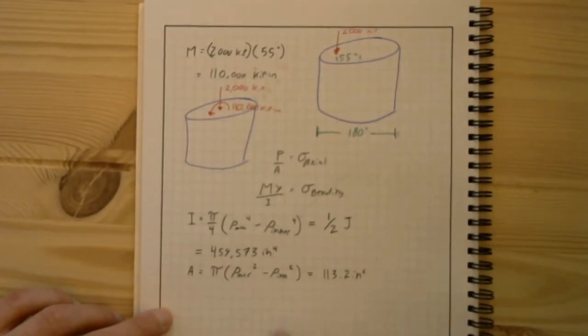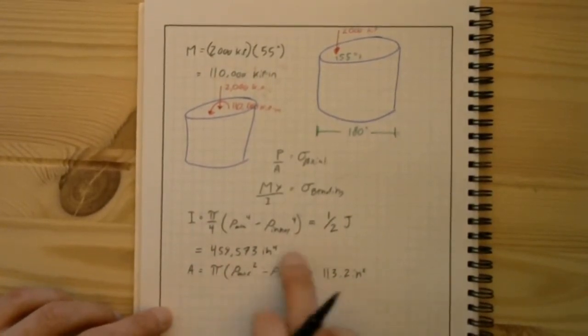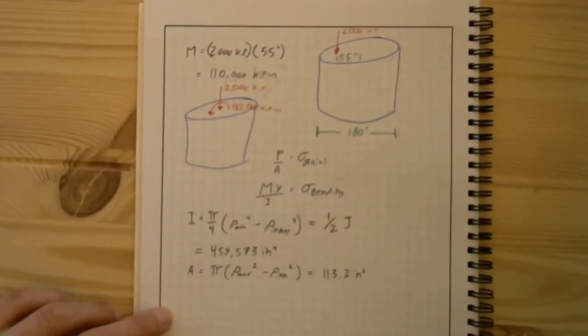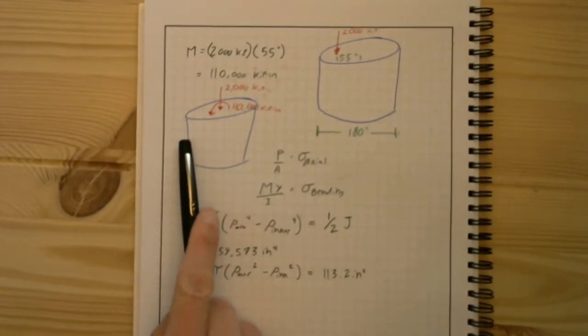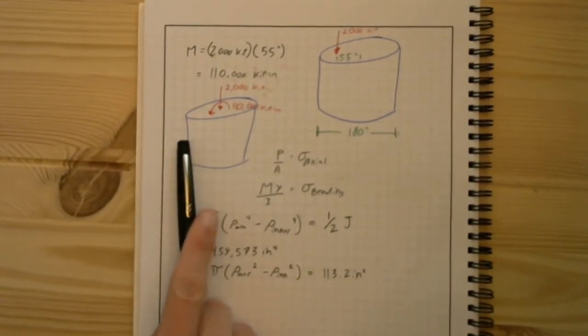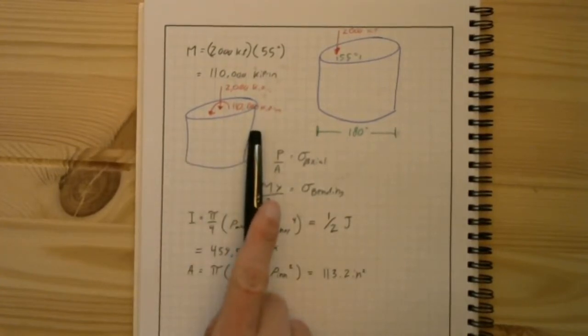Anyway, we've got our cross-sectional area and our second moment now, which means that we can pop things into our equations. First, let's determine the maximum compressive stress. We're going to have our maximum compressive stress occur over here at this point, and we're going to have our minimum occur over here.